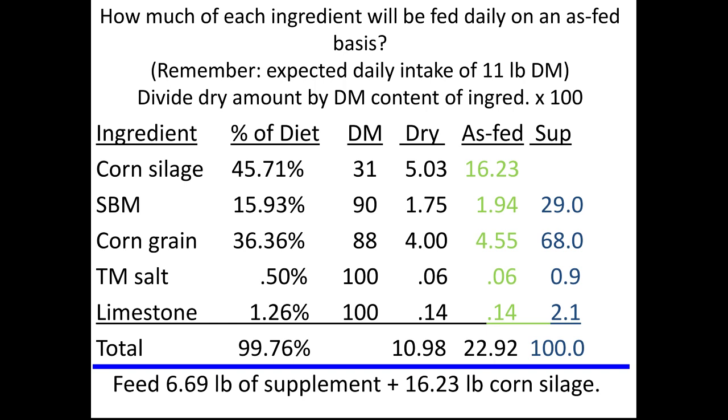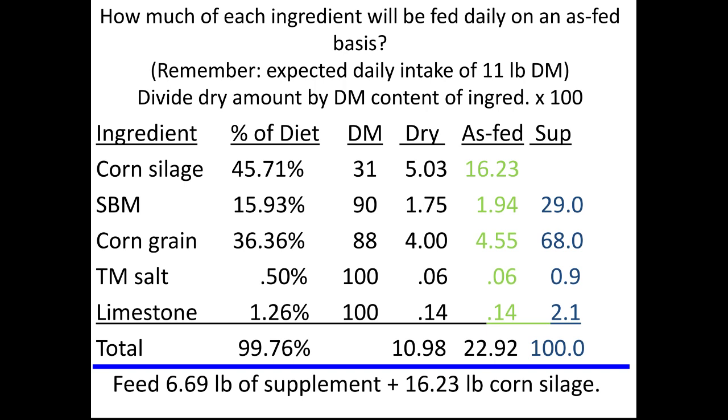In the last column that I made on the table, if we consider the soybean meal, corn grain, salt, and limestone independently from the silage, because that's our supplement, you can see the percentage that each ingredient contributes to that supplement. The soybean meal is 29% of the supplement. The corn grain is 68% of the supplement. The trace mineral salt is 0.9% of the supplement, and the limestone is 2.1% of the supplement.